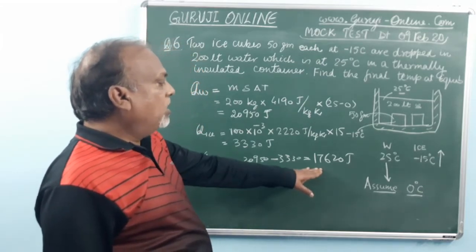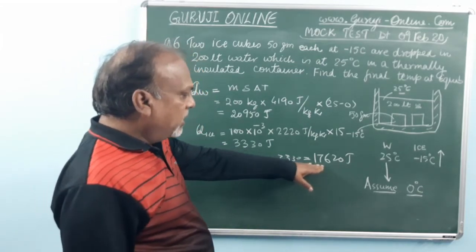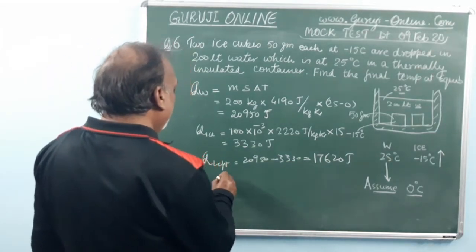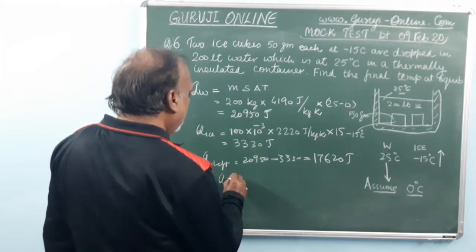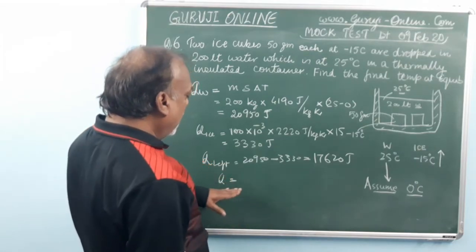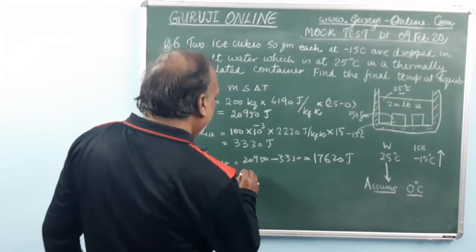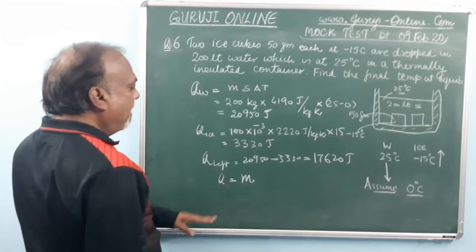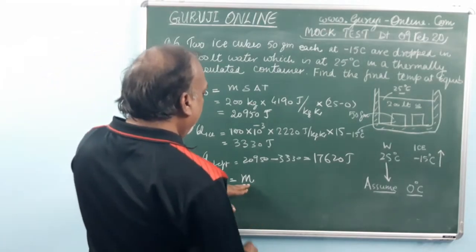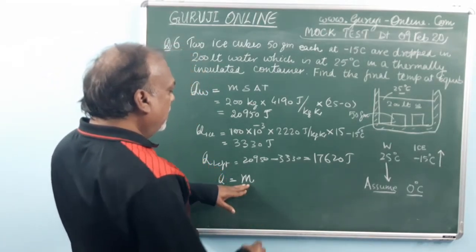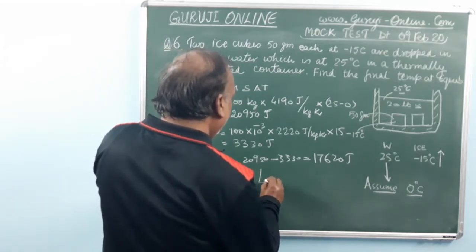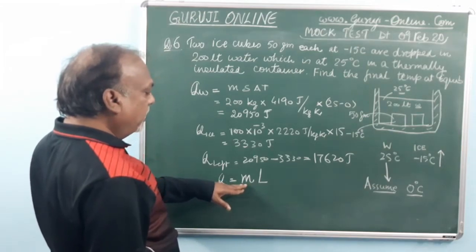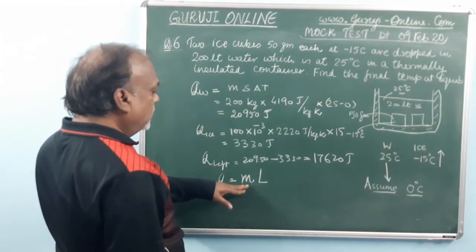So let us find out, due to this energy, how much ice will melt. Suppose m gram of ice is melted, then for melting m gram of ice this much energy will be required.